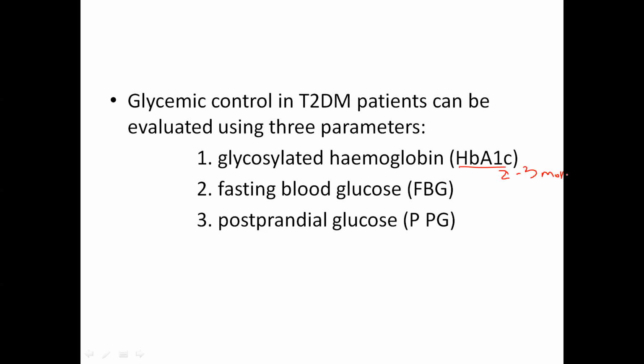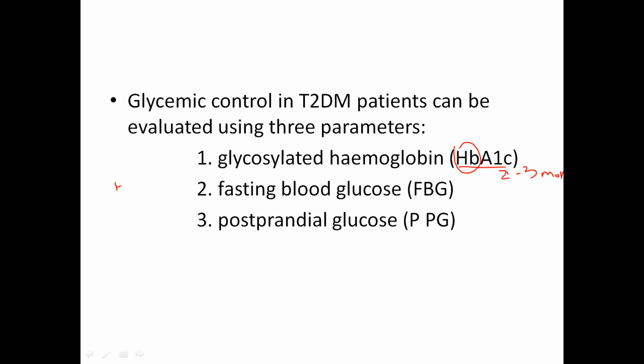Specifically, hemoglobin A1C tests what percentage of hemoglobin protein in your blood is coated with sugar. By the way, most monosaccharides like glucose, as well as fructose and galactose, spontaneously or non-enzymatically bond with hemoglobin.